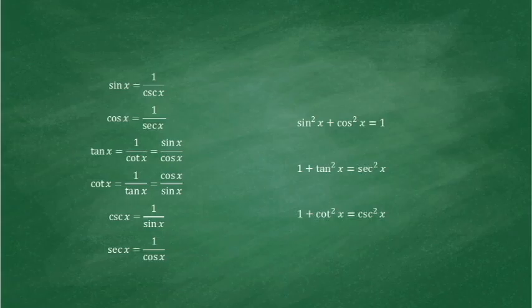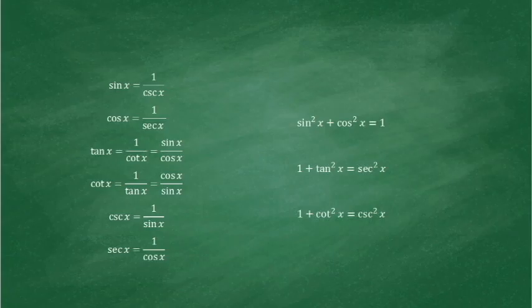You also have to know that cosine is the reciprocal of secant, and vice versa, so cosine is 1 over secant, secant is 1 over cosine. Same thing with tangent and cotangent, they're reciprocals of each other. Also, it's helpful to know that tangent is equal to sine over cosine, and hence cotangent is cosine over sine.